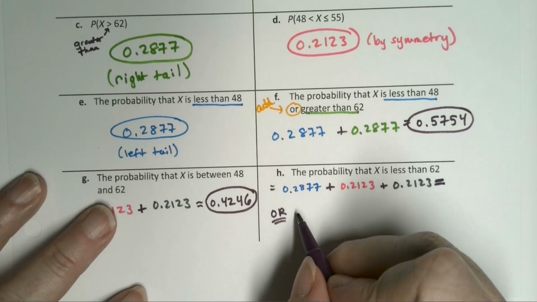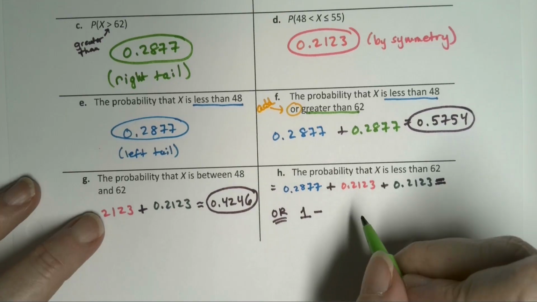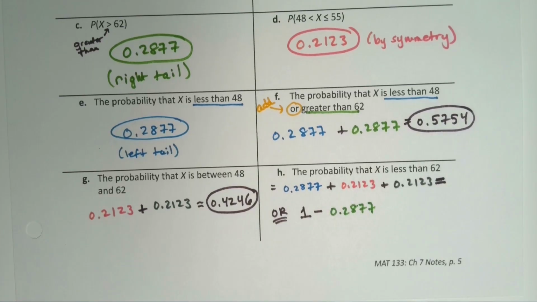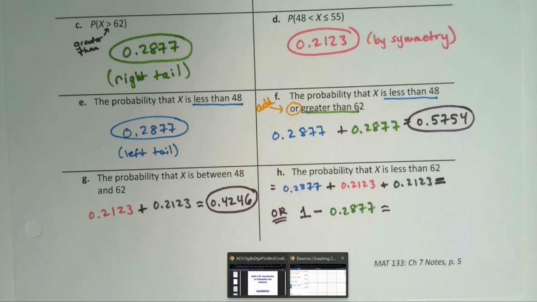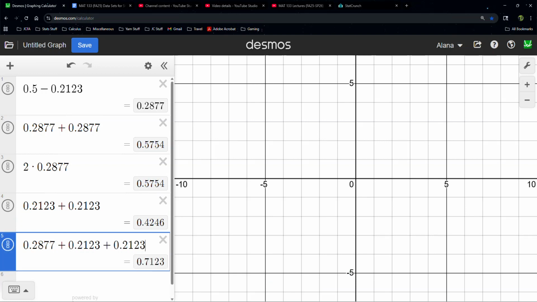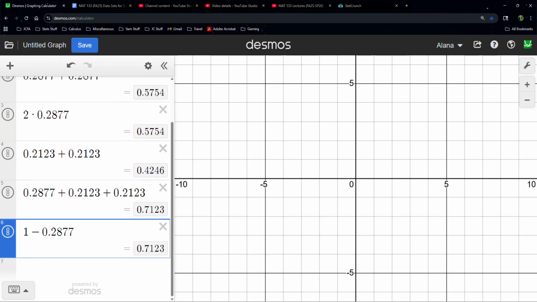So you could say it's 1 minus the 0.2877. All right, so let me prove it to you. If I grab Desmos and I say, hey, what's 0.2877 plus 0.2123 plus 0.2123? That's adding them up. What's 1 take away 0.2877? See, it gives you the same answer. So it's fine either way. They're both 0.7123.